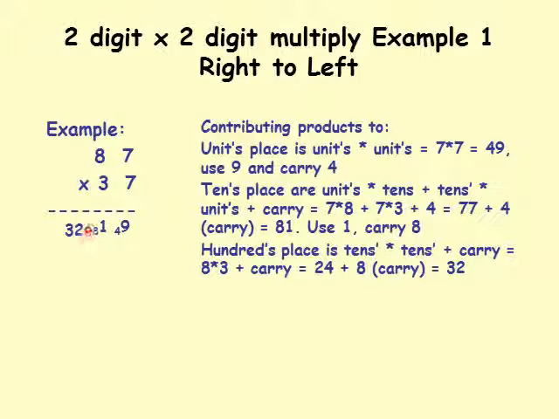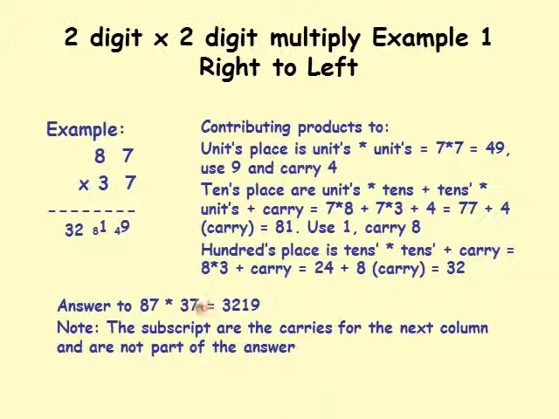The answer to 87 times 37 is 3219. The subscript 4 and 8 are the carries for the next column and are not part of the answer. So these are my temporary scratch pad numbers, which I write down so that I remember them for the next column.